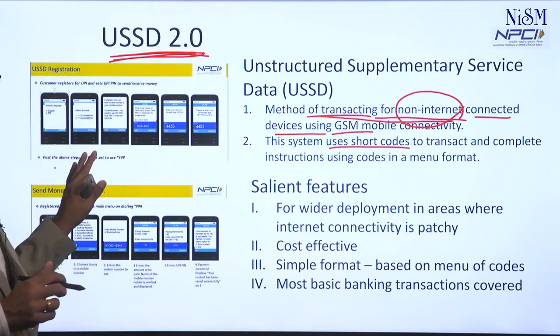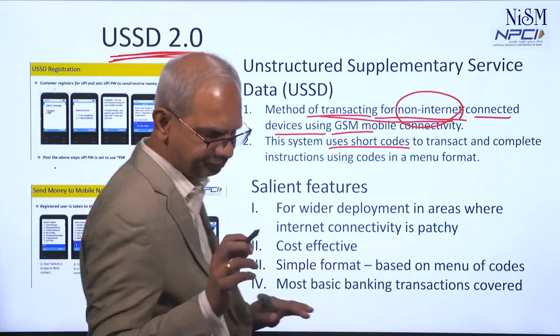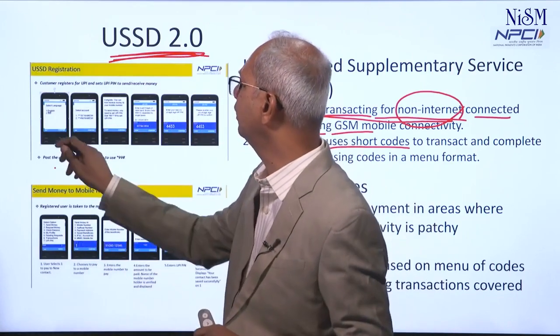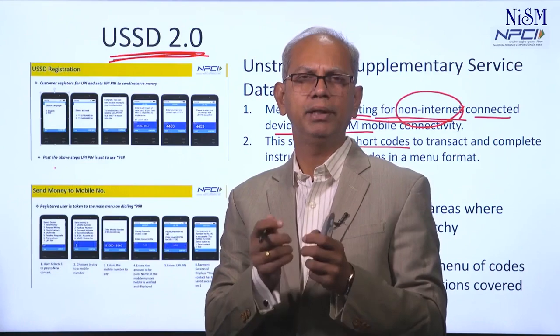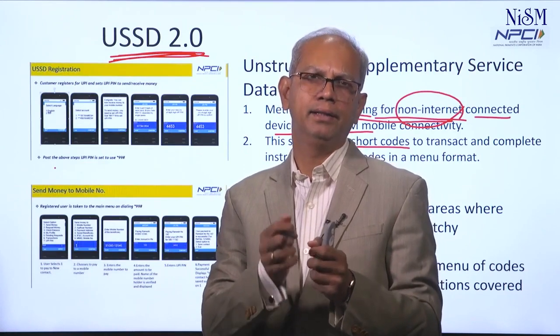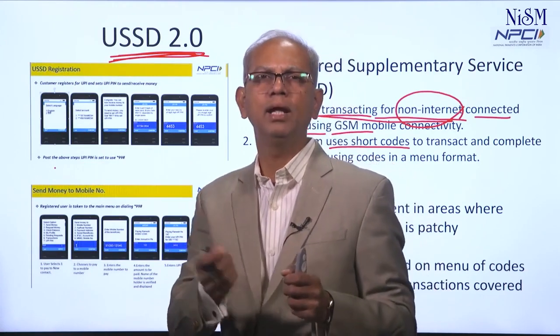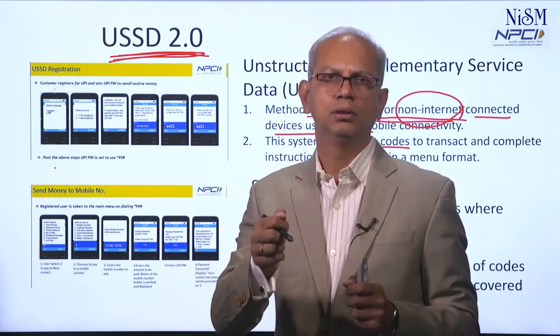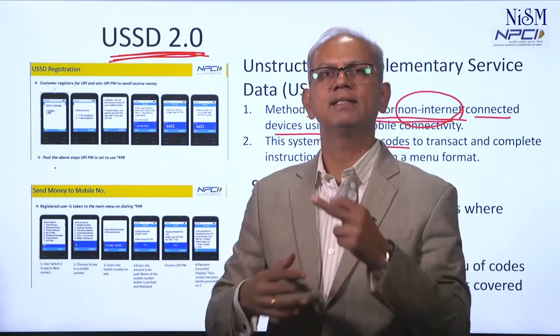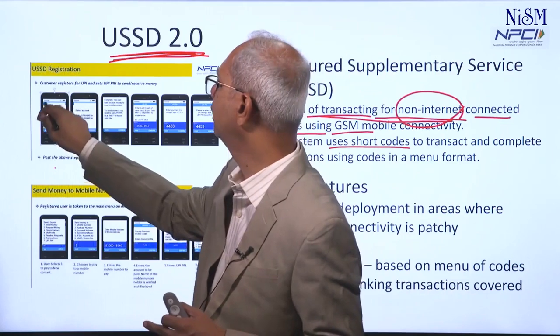The menu format works by sending a particular dial pad code. If you type a code like star hash 1234 hash, the code gets activated and it will give you a menu.